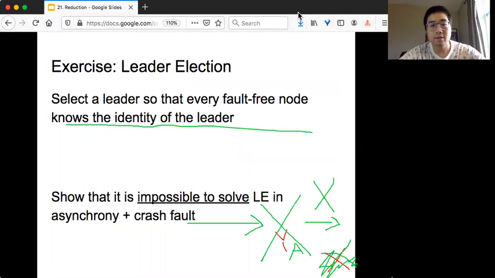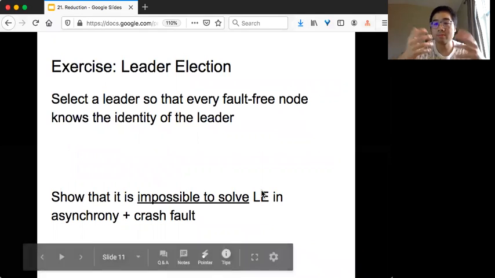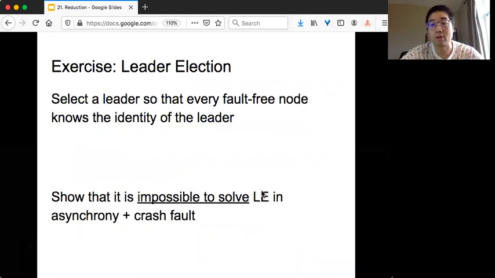Then let's look at a problem that's more relevant to distributed systems. Last time we talked about leader election. Intuitively, you have several nodes that try to become the leader. For example, we can use it for consensus and for leader-based replication, and many other useful things.